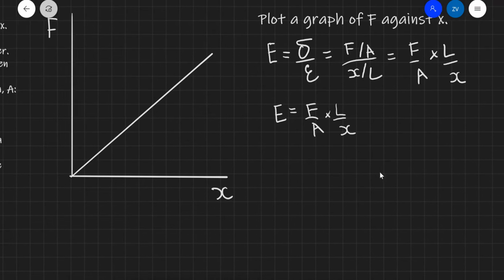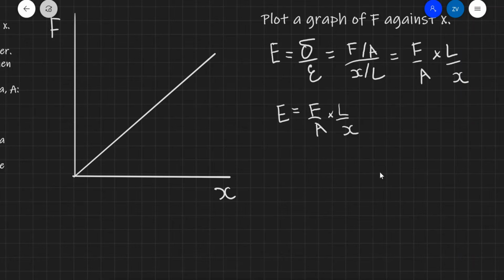And what we can do is then compare this equation with the equation of a straight line. Remember, if F is on the y-axis, what we need to do is rearrange for this. So what I'm going to say is that F will be equal to Young's modulus E times the cross-sectional area A times the extension X, and we'll also need to divide by the length, like so.